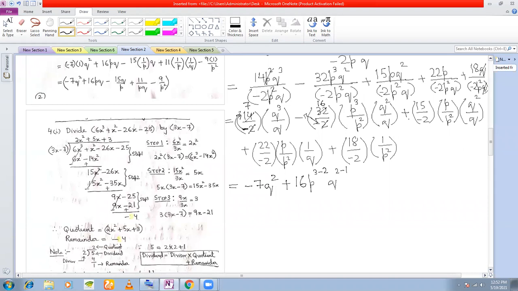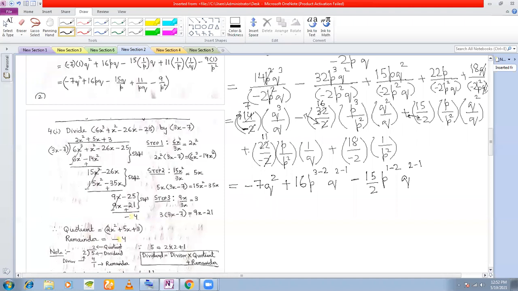Okay. Next here, this plus sign combined with this minus sign gives you a minus sign. 15 by 2. p by p² is p to the power of 1 minus 2. q² by q is q to the power of 2 minus 1. Okay, next. Here 2 will cancel with 22, 11 times.